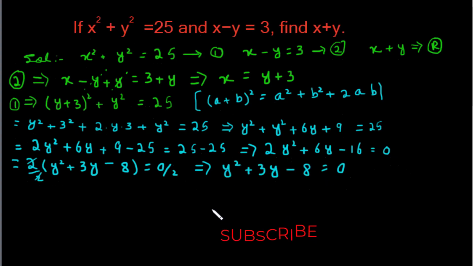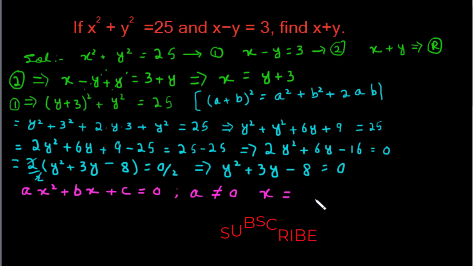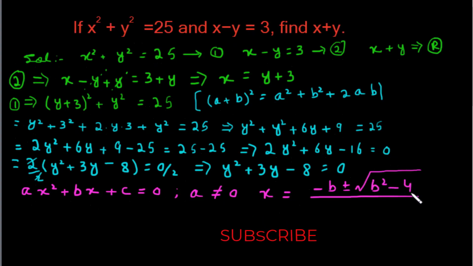Now I want to tell you something. Let me write the standard quadratic equation, that is ax squared plus bx plus c is equal to 0, where a is not equal to 0, and its solution is x is equal to minus b plus or minus the square root of b squared minus 4ac, divided by 2a.